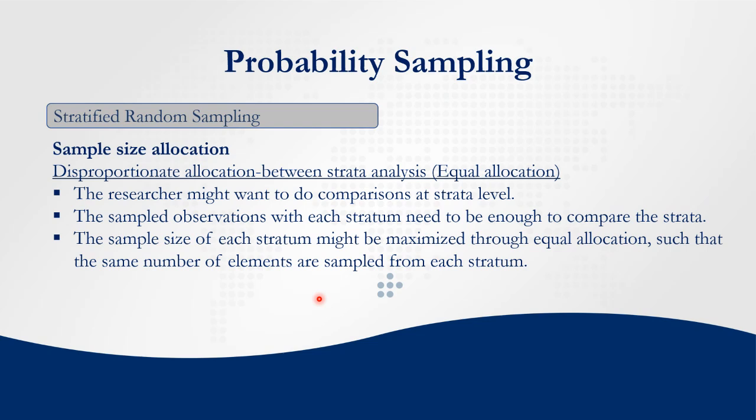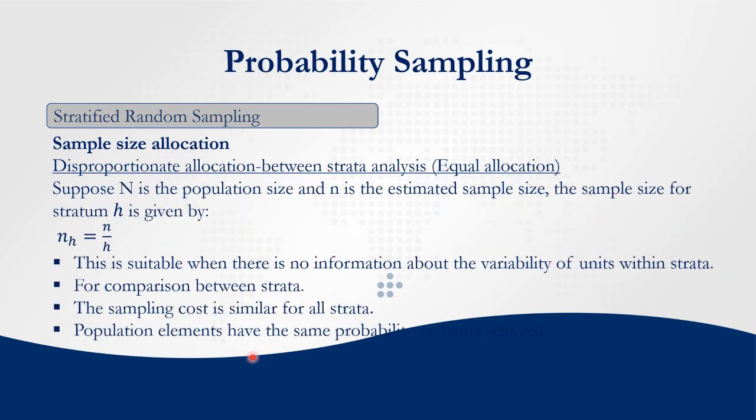And sometimes, if they are small and you want to do a comparison at strata level, you can also use equal allocation. If their sizes are not that different from each other, you can do equal allocation. Also, if the cost will be similar for all strata, so this is equal.